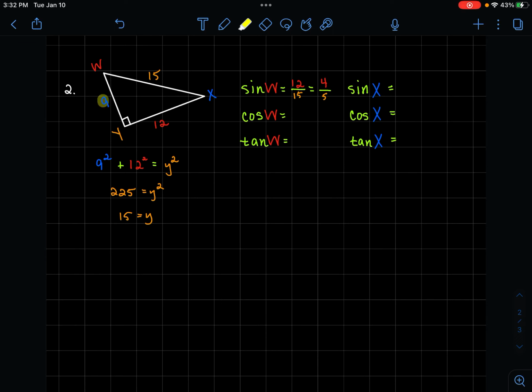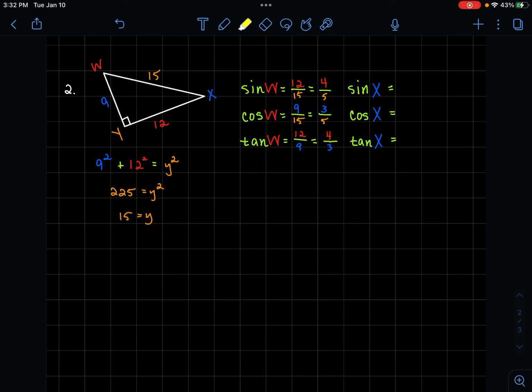The cosine of angle W, we've got our adjacent side and our hypotenuse, so that's 9/15. Again, this is a fraction that can simplify, which we've reduced down to 3/5. And then the tangent of angle W, we have the opposite over the adjacent, 12/9, a third fraction that can simplify, which reduces down to 4/3.